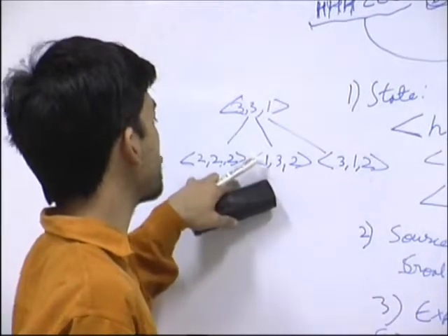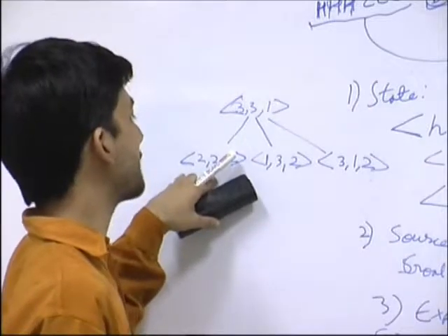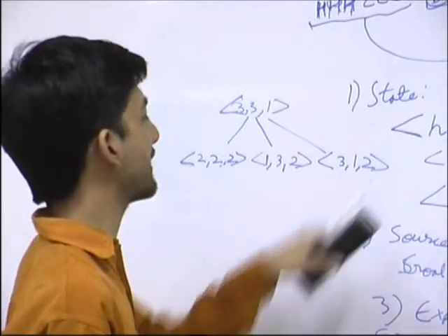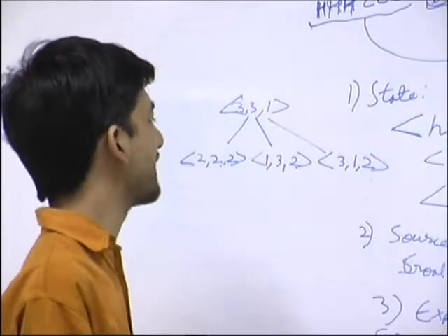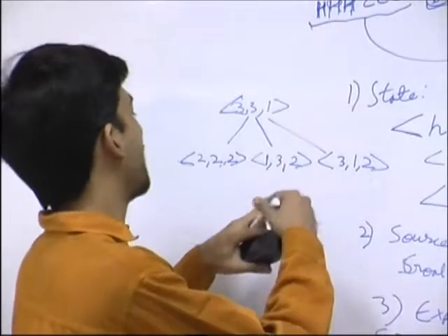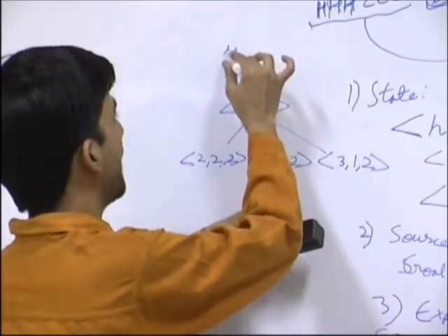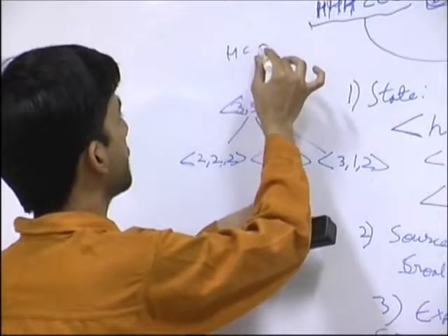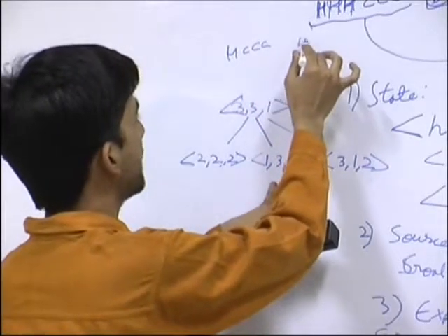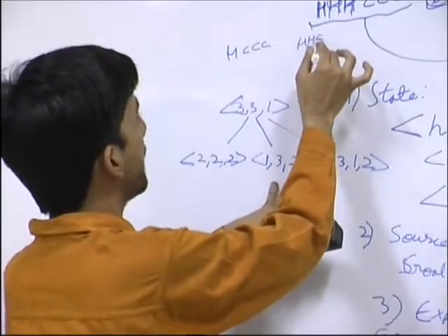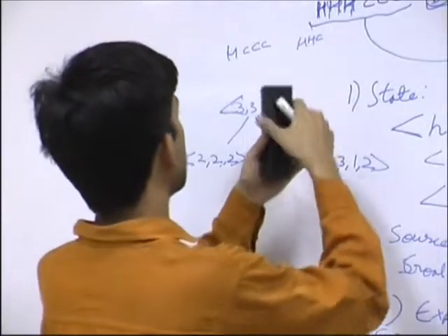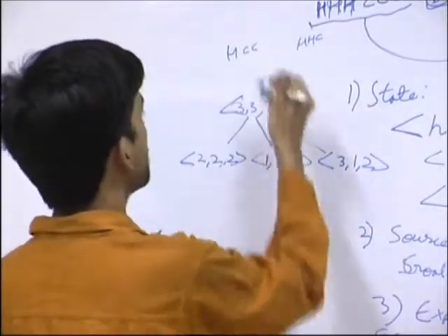So by simple analysis over these numbers, a 2 and a 2 means that there were 2, 2 here, there were 2, 2 here. It means almost a balanced state. If I have 1 over here, I can say that there is 1 cannibal over here, there are 3 cannibals over here, and similarly there are 2 over here, 1 cannibal over here, 2 over here and 1 over here.